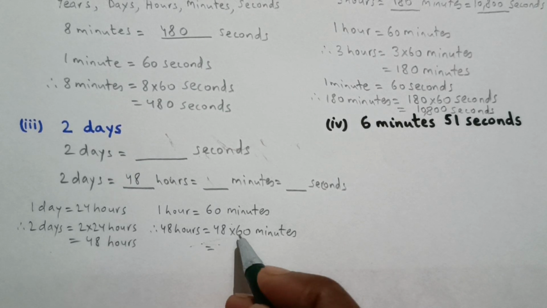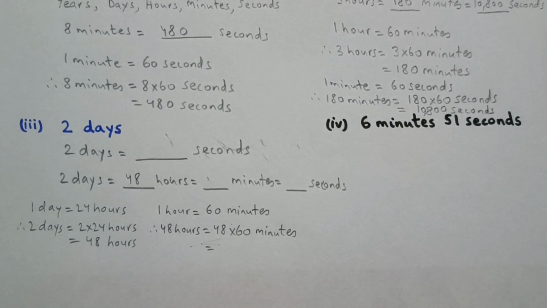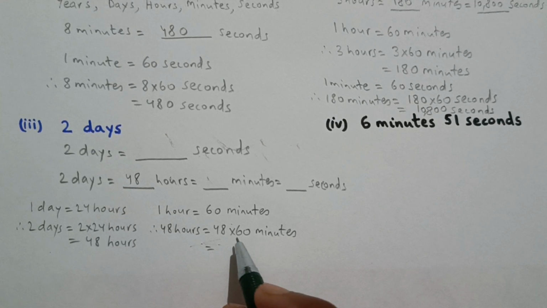Now 48 into 60 is how much? First we will do 48 into 6, and then to whatever answer we get, we will add a 0 at the end.